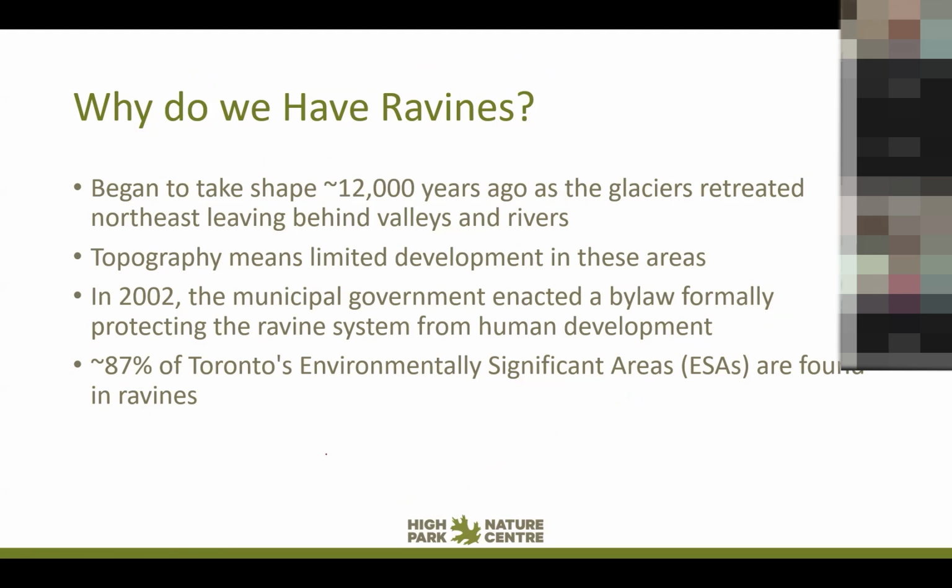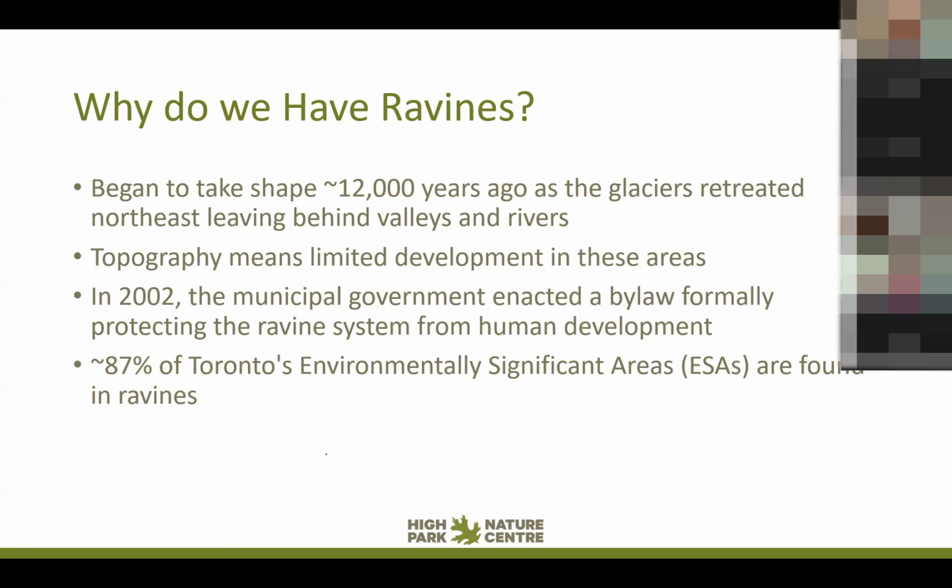That is kind of to the benefit of where we are today, because this is where the majority of our environmentally sensitive areas are found in the city of Toronto. About 20%, I think it's actually 17 to be precise, of the city is covered in these ravine spaces, and that allows us to have a relatively green city considering how dense and how fast growing we are.